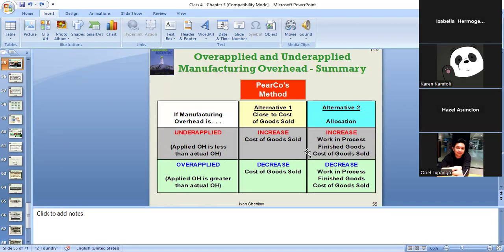Okay, so now, again, if it's under applied, one alternative is to increase the cost of goods sold. The second alternative is to increase work in process, finished goods, and cost of goods sold. If it's over applied, we have to decrease the cost of goods sold, or we have to decrease the work in process, finished goods, and cost of goods sold.